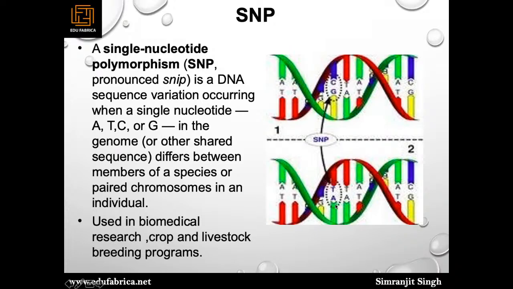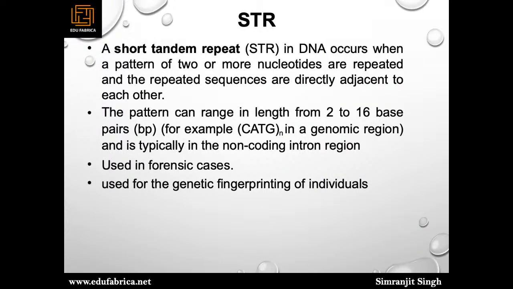AT could be swapped for the CG, and we cannot have the same results that we were looking for because of this single nucleotide polymorphism. And STRs, these are the short tandem repeats.